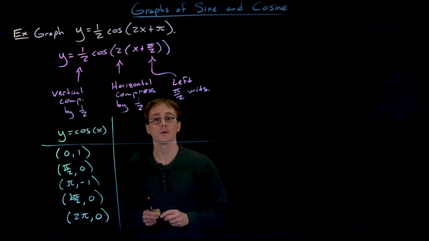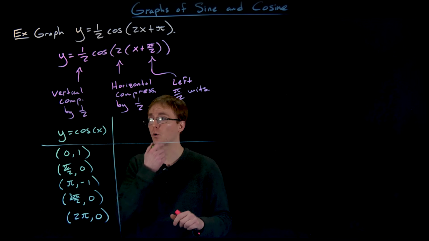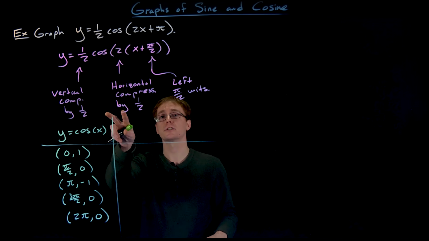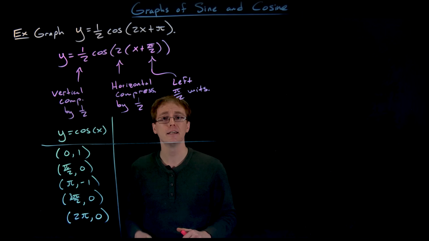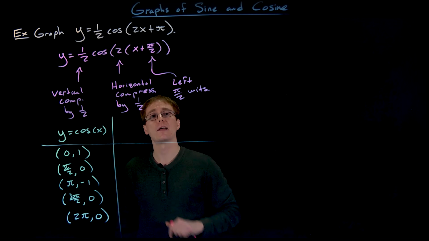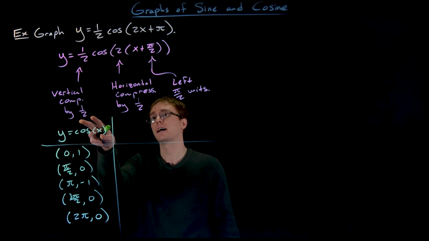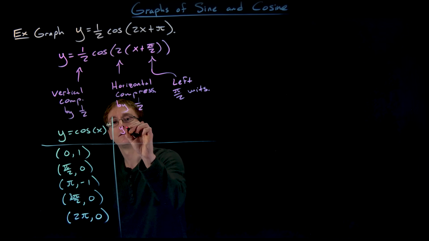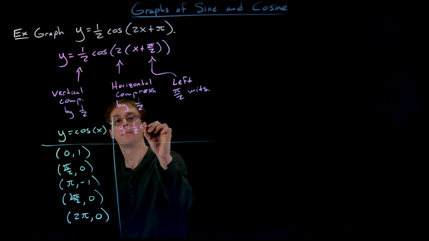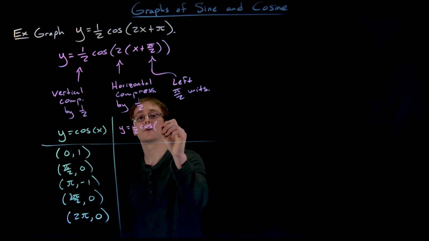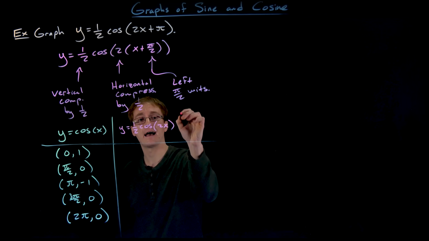So now we have to be careful and do our transformations in the correct order. We can do our vertical stretches, compressions, and flips if we have any at once. And then we follow all that up with our shifts. So we can do our vertical compression by a factor of 1/2, as well as our horizontal compression by a factor of 1/2.